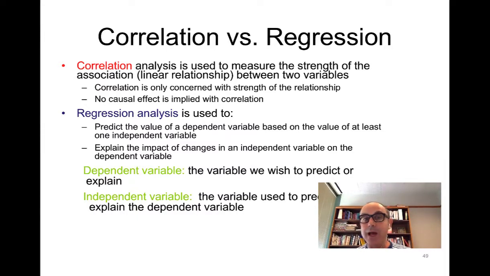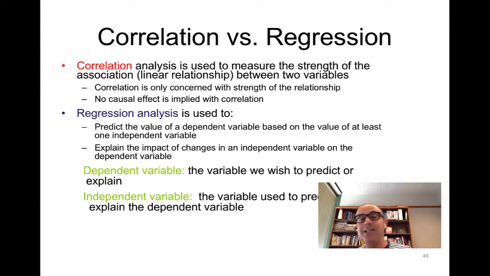The idea of regression analysis is to explain the impact of change in the independent variables on the dependent variables. So it's not that one causes the other. It's like there is an association or there is no association in those two types of analysis, and I want you to remember that.